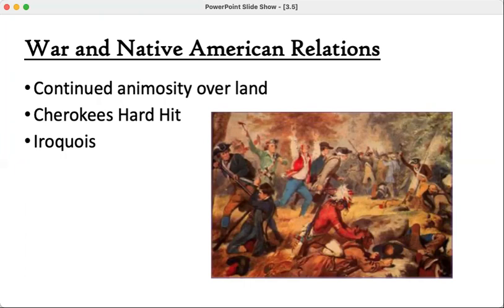We see that in Georgia, without the British support, the American colonists will attack and really hit the Cherokee people very hard. The Iroquois make a calculated decision to try and ally with the British. They believe that the British were their best bet to preserving their land.